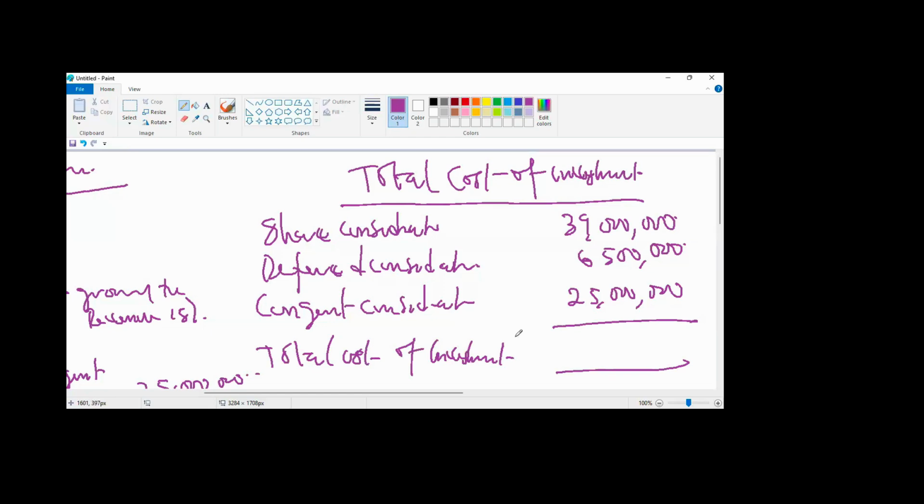What is the figure? $70,500,000. That is it.